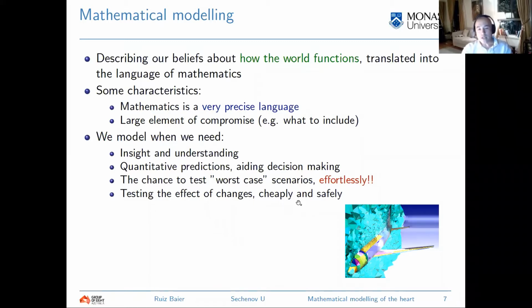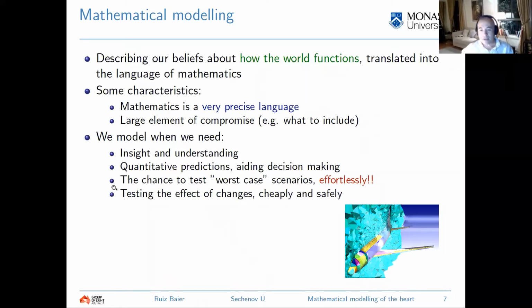So when do we use mathematical models? When we need to get insight and understanding, when we need to get predictions, as in the example of the COVID-19 pandemic that I just mentioned, and when we want to provide aid for people that take decisions.